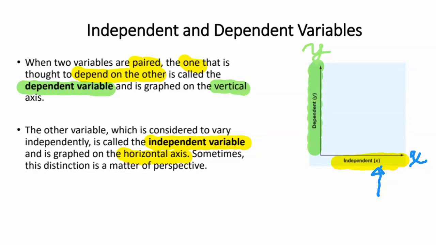That means I'm going to either be given or determine what is my independent variable. Now, the independent variable is normally going to be, and sometimes I like to think of this as the choice variable.